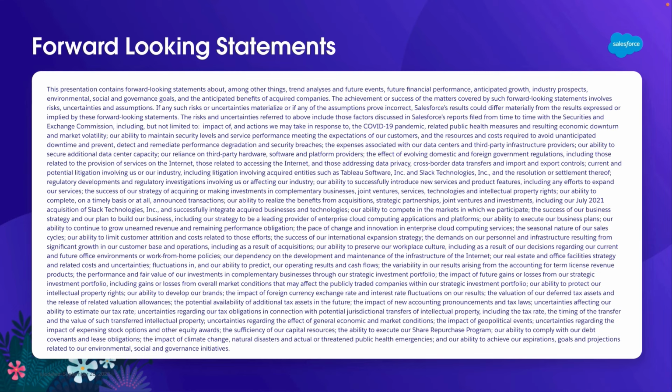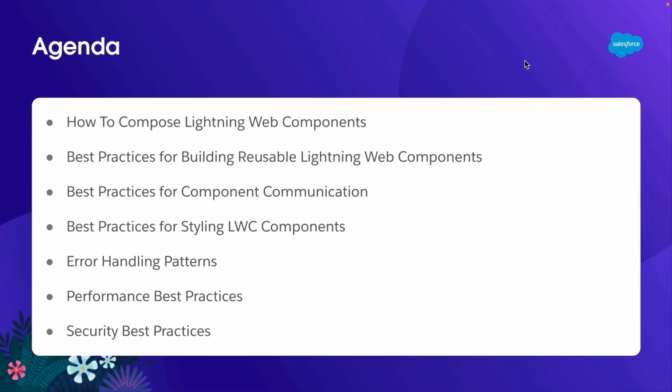With that out of the way, here is the list of agenda for this session. First, we'll cover how to compose your Lightning Web components. So in this section, we'll talk about composition techniques for Lightning Web components. And then we'll look into some of the best practices for building reusable Lightning Web components. Then we'll take a peek into best practices for component communication.